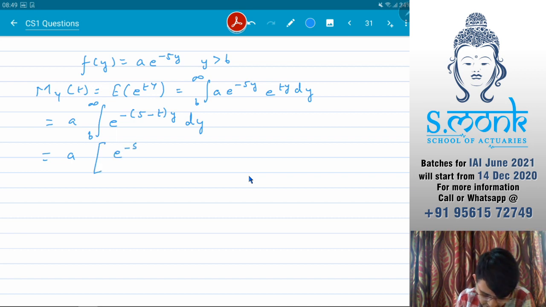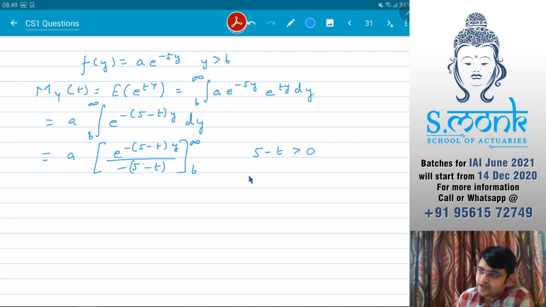So I'll be able to substitute this as e raised to minus 5 minus t y upon minus 5 minus t, and put the limits only if t, this 5 minus t, is a positive value. Only then this would be a legitimate integration, or we will be able to substitute our values.